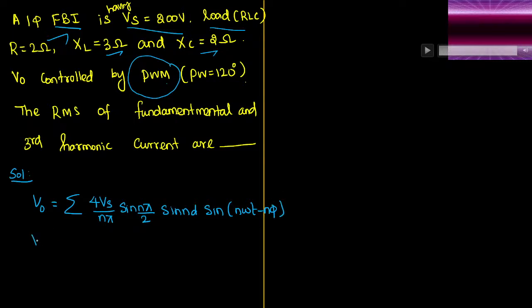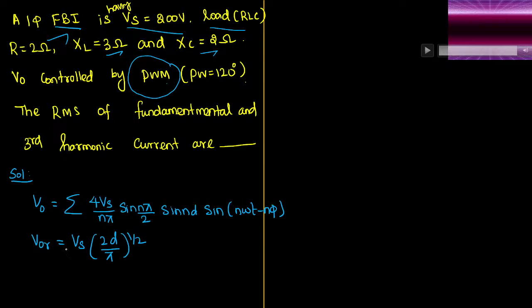And there is one more formula. What is that? The normal output RMS formula: supply voltage into (2d by pi) whole power 1 by 2. I told you just to remember these two formulas only.